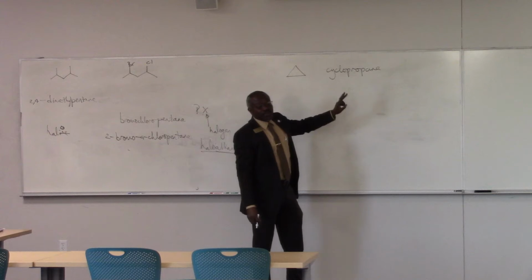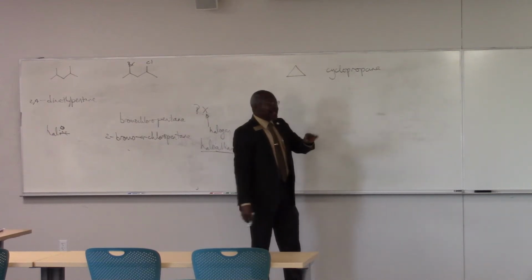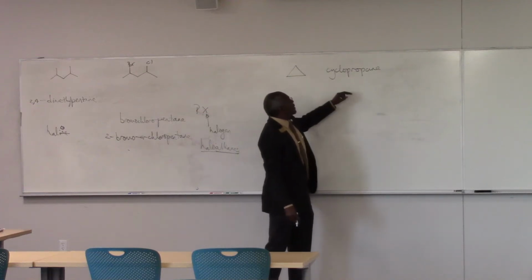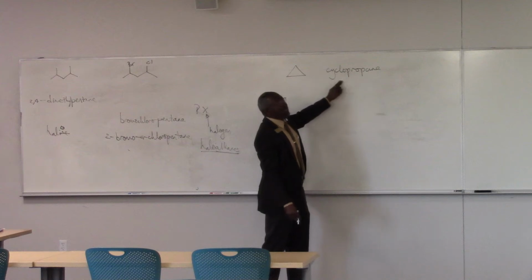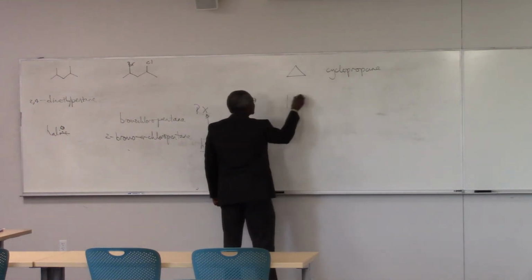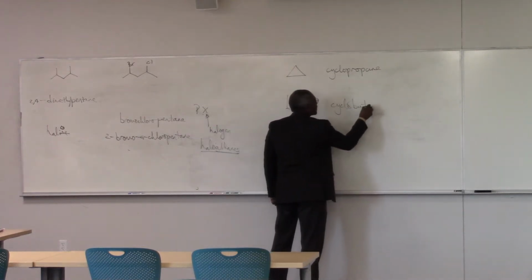It's only got carbon-carbon single bonds and CH bonds. So it's an ane. It's got 3 carbons in the ring, so it's prop, and it's a ring, so it's cyclo. So that's cyclopropane. And then if I had this, which is 4 carbons, that's cyclobutane.